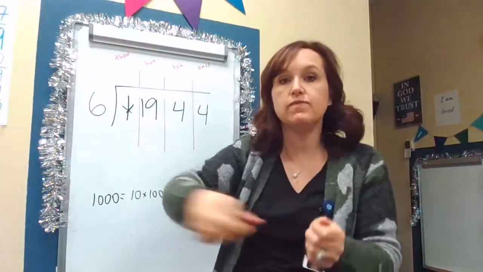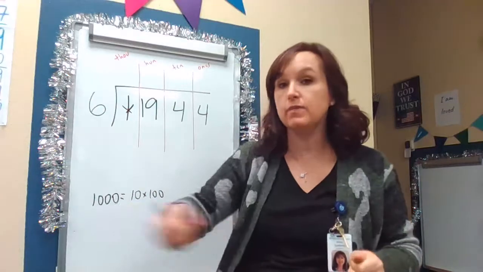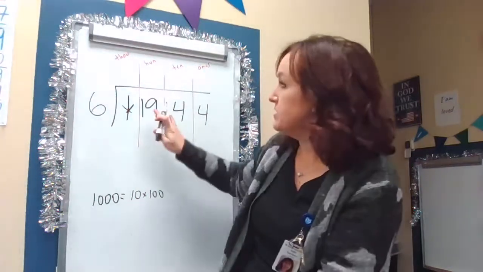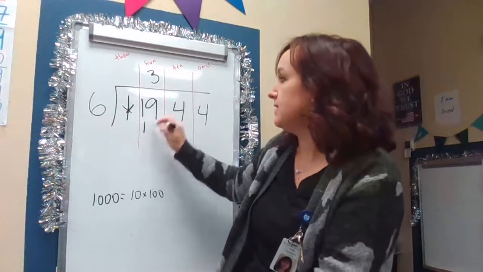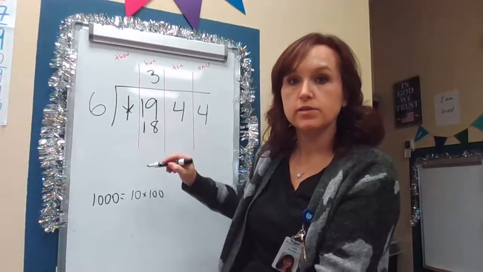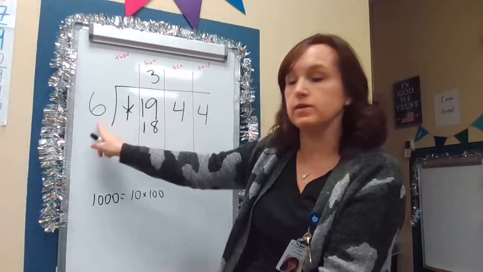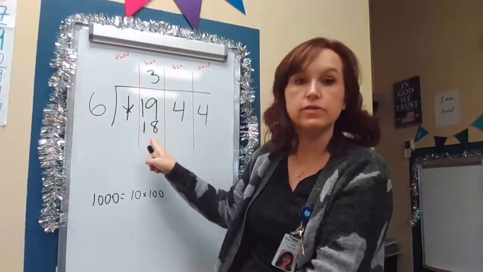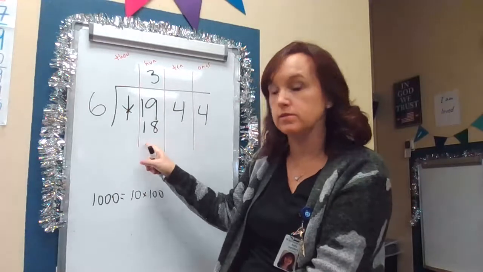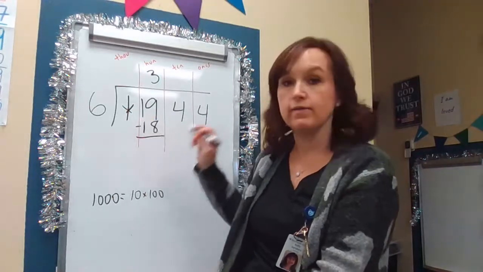So if I give each of them a $100 bill and I keep going around, I can do that 3 times, because 3 times 6 is 18. So I know if I give each of my students three $100 bills, 3 times 6, I'll have used 18 $100 bills. So what do I have left?